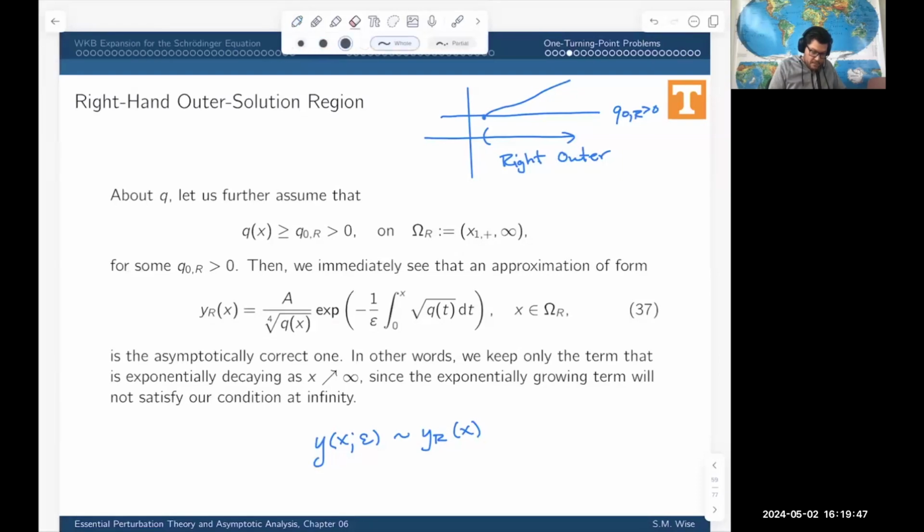I guess I could make this technically a function of epsilon. And this is, we expect, to order epsilon. All right, and it has the right boundary conditions. So this is the correct approximation in this right outer solution region.